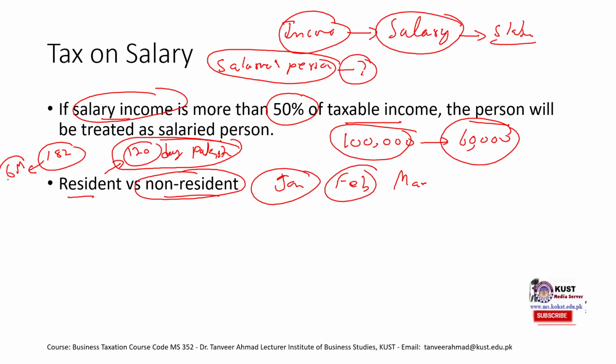So previously the rule was if someone spends more than 6 months, then income tax would be applicable and he would be called a resident, right? So all the people living abroad and earning, as long as they do not spend 120 days or more in Pakistan, would not have to pay this tax on salary.